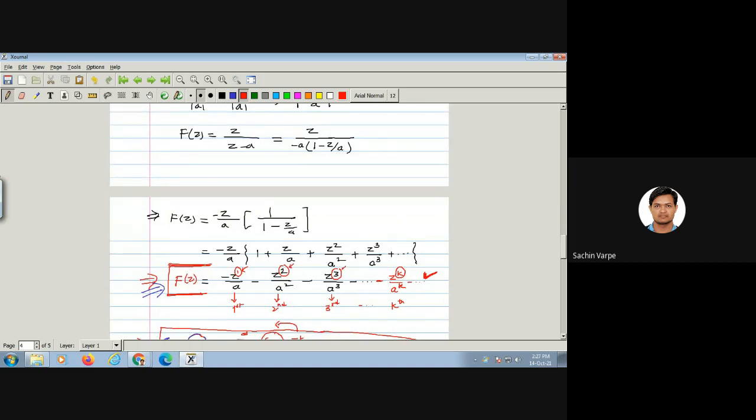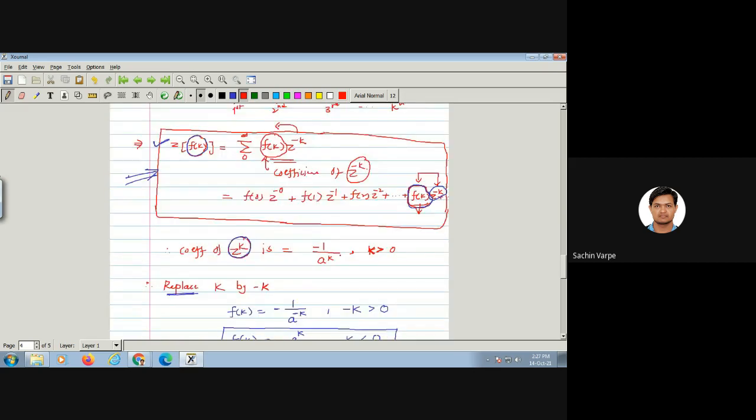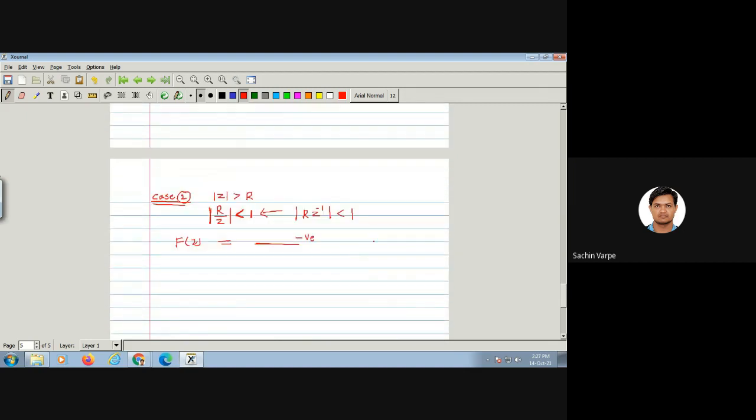So from here you will know which power I am going to get, negative or positive. That depends on the ROC only. So here I'll get all the powers of z to be negative, and that is what I actually wanted. So once I have the powers of z negative, the coefficient of z raised to minus k at the kth position is my required f of k. Is this clear?